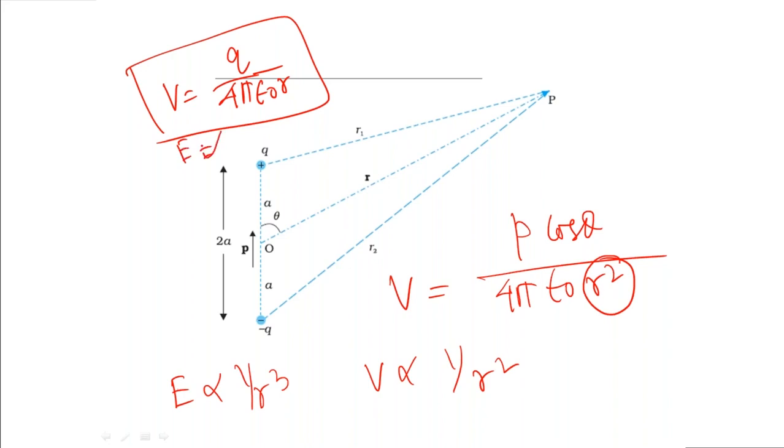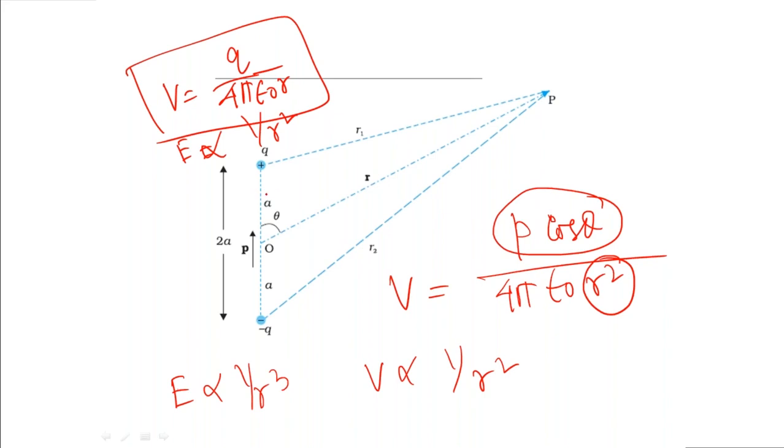So this is the thing. I can write this term in a little more fancy way. If I take the angle, this is p. p cos theta I can write as p vector dot n cap.